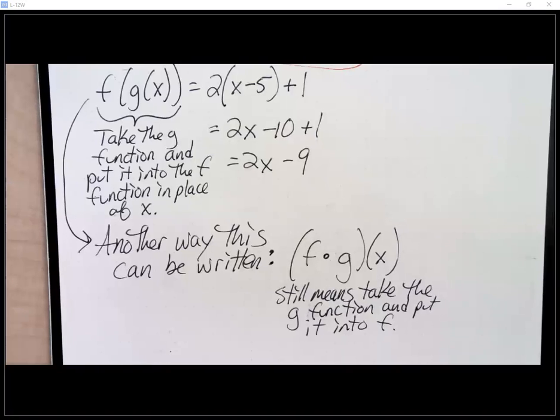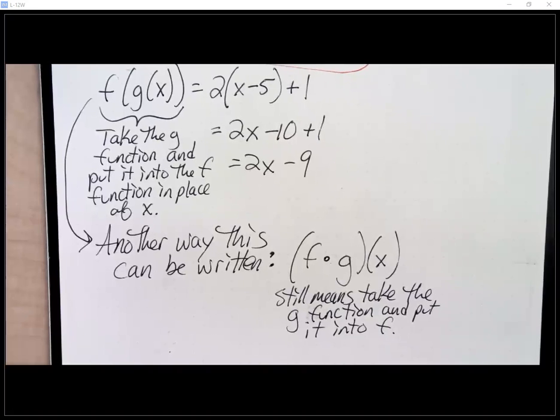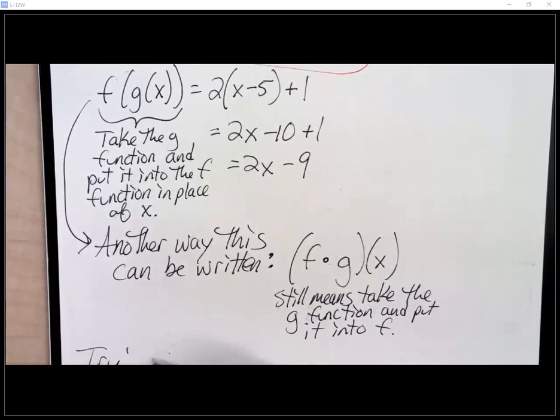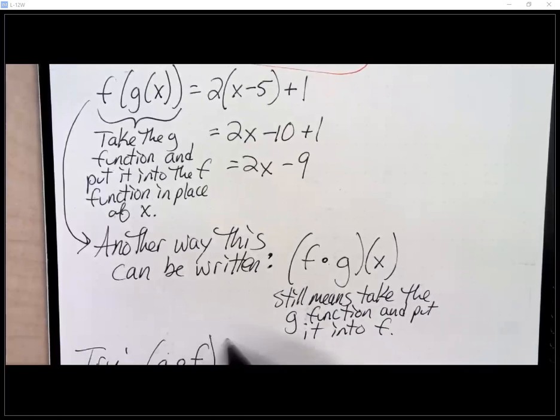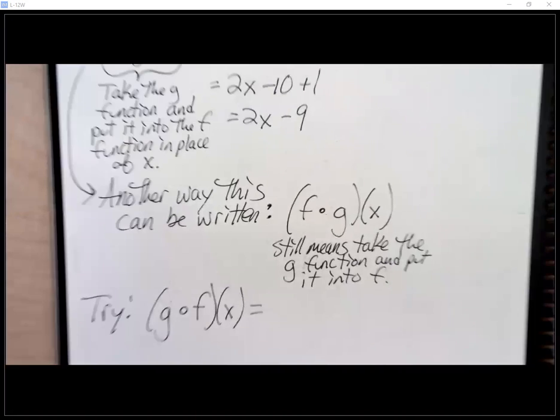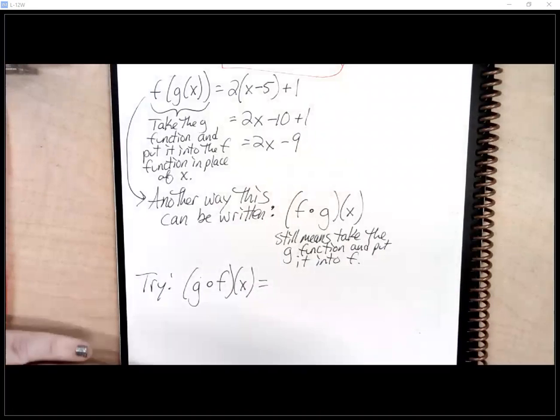All right, so now let's try going the other way. Let's do G of F of X. Sorry. I'm also just going to note, these are open circles.